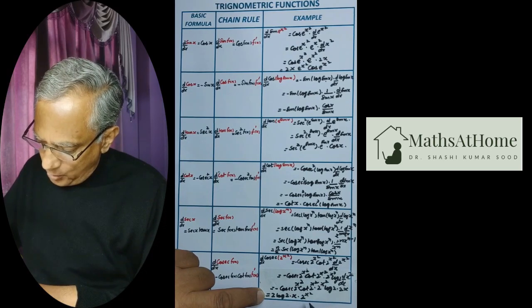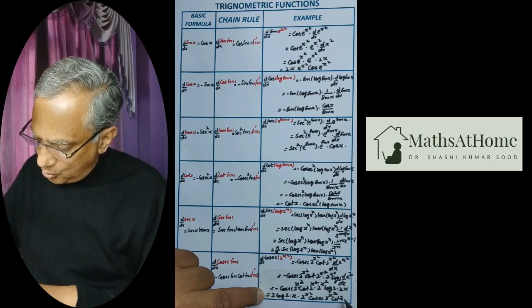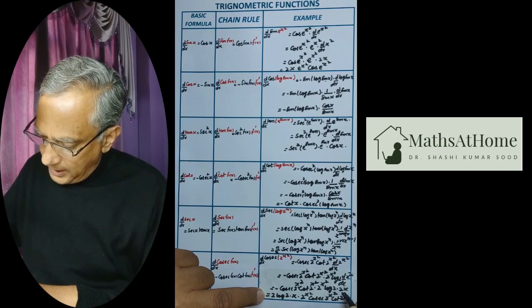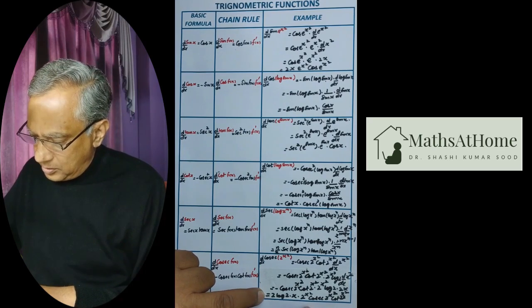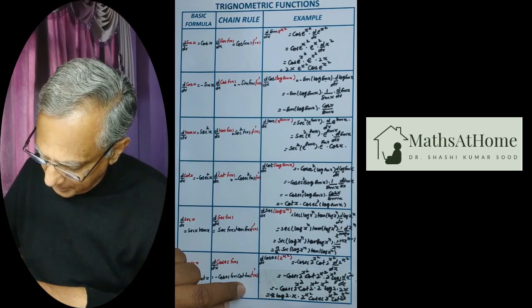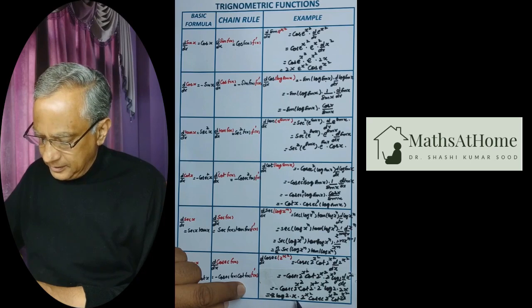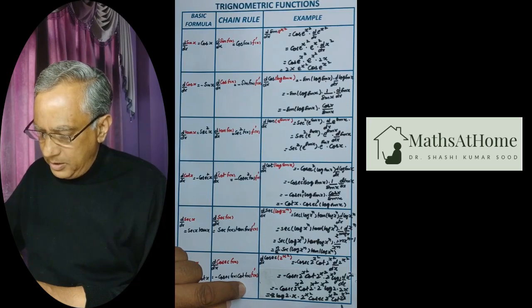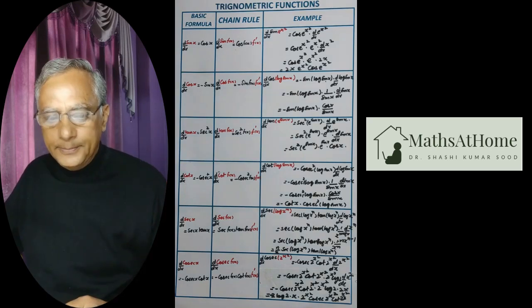So this will be 2 to the power of x square cosecant 2 to the power of x square into cotangent 2 to the power of x square. So this will be the answer. Here it will be a negative sign. First of all you write the sign, then constant, then polynomial, and then other functions. So this is the answer.